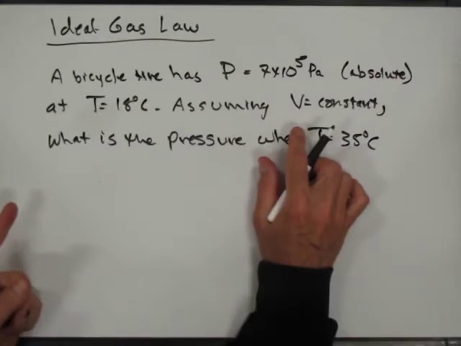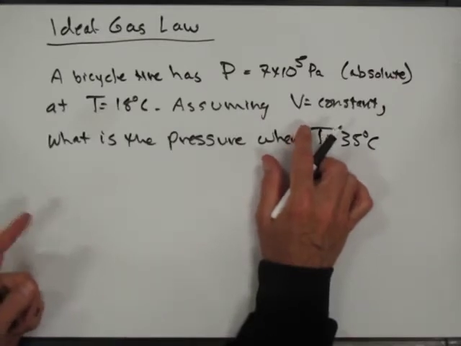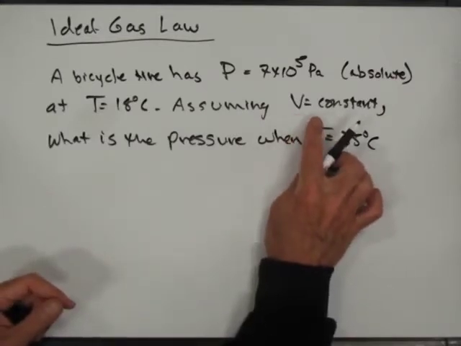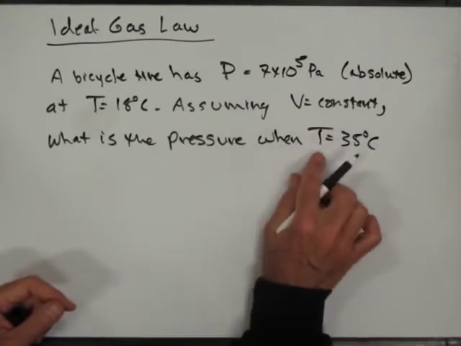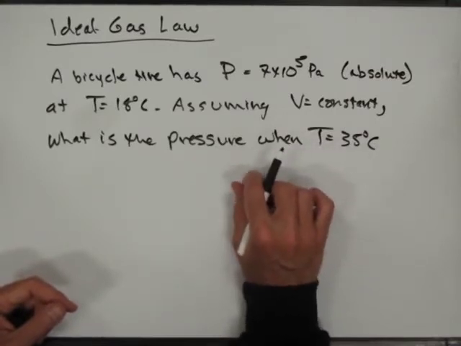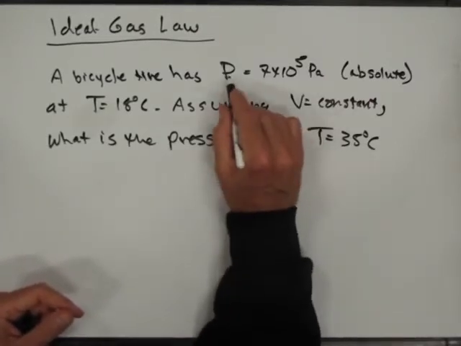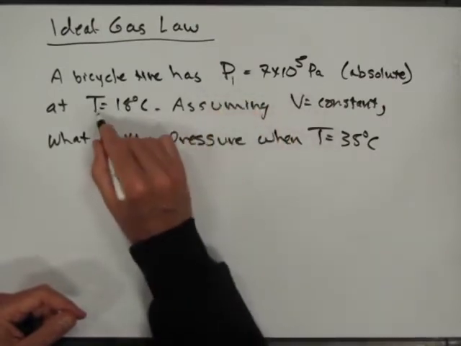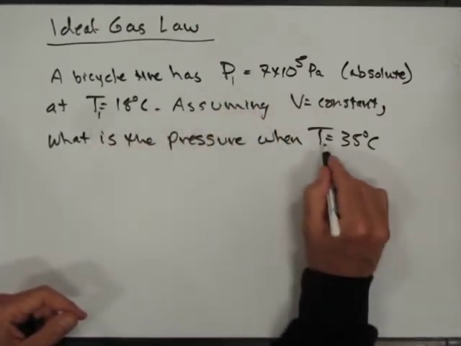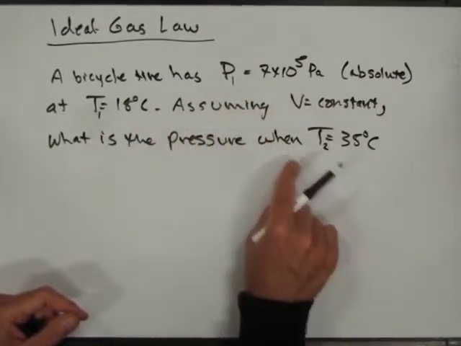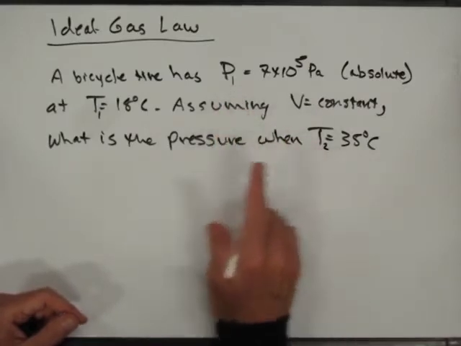In other words, the tire heats up a little bit. It's going to expand a tiny bit, but we're going to say it's negligibly small. We're going to say, what is the pressure when the temperature equals 35 degrees Celsius? So we've kind of got a before and an afterwards thing. And so we're going to call this T1 and T2 and P1 and P2.